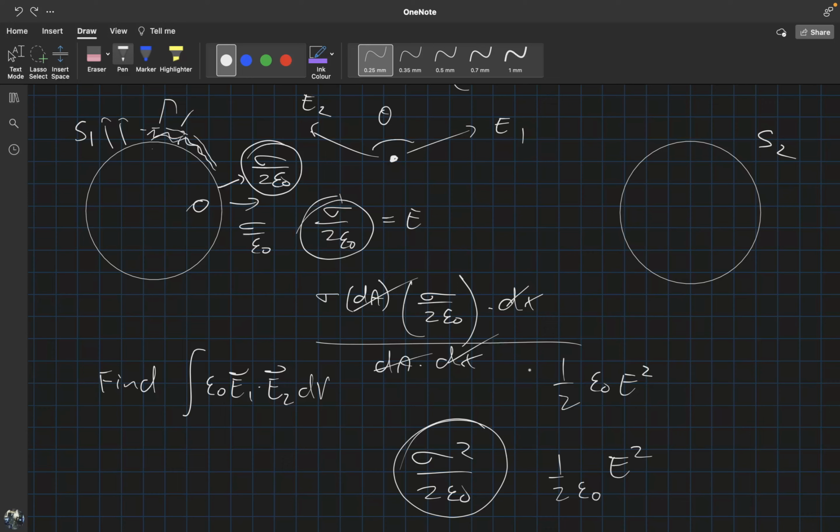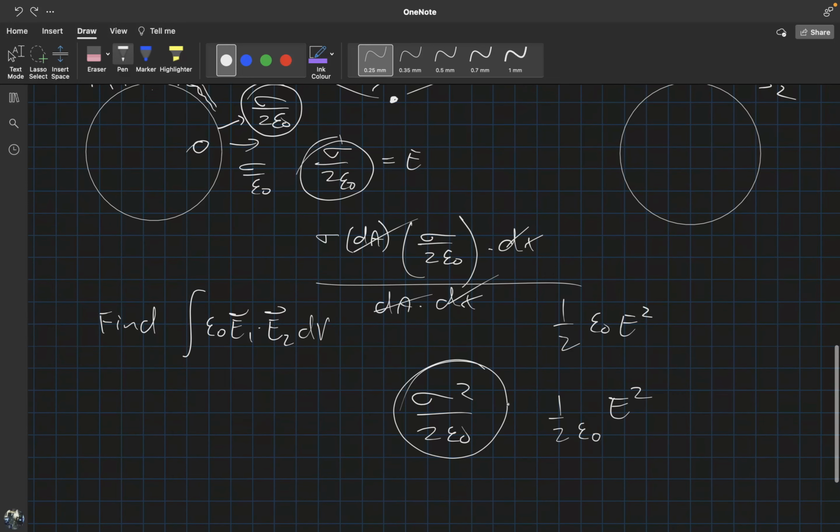If there is a change in electric field owing to the medium changing, let's say I'm changing the medium, then you get half K epsilon naught, and E will change to E naught by K. I want to bring in that factor.